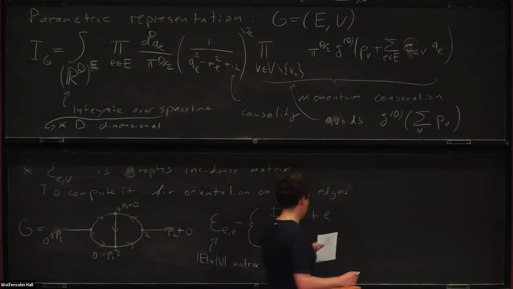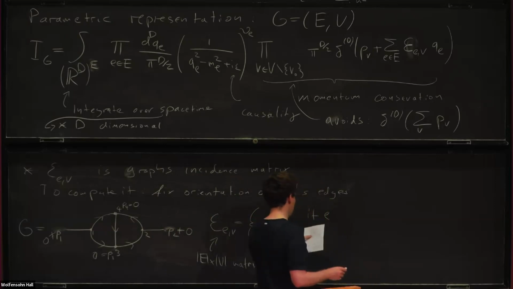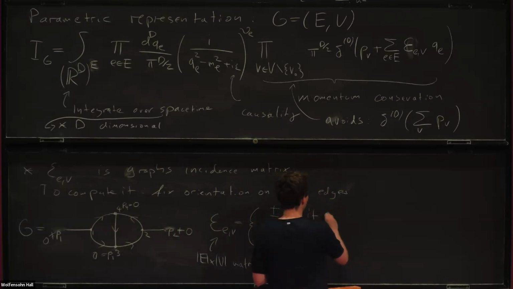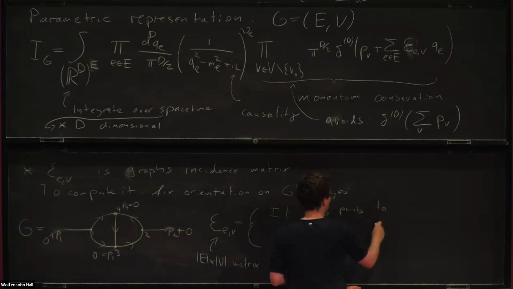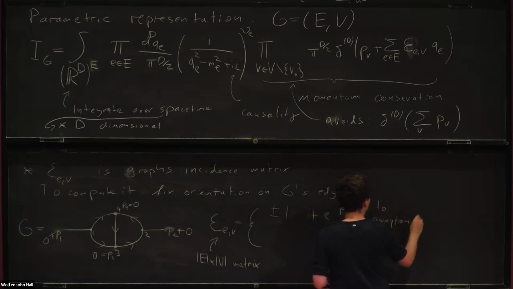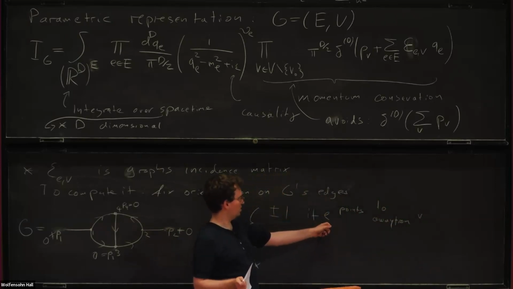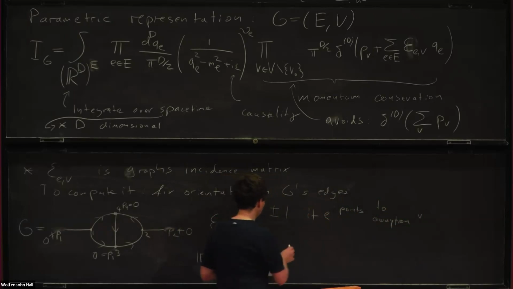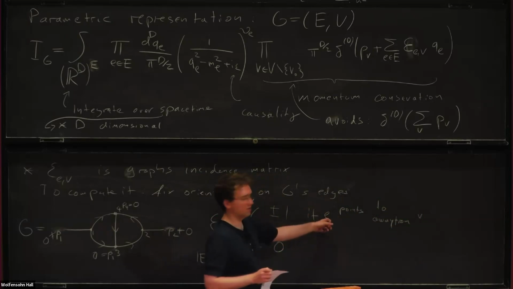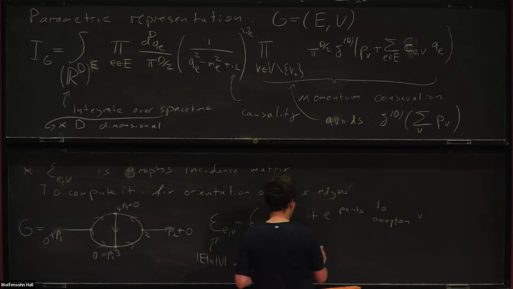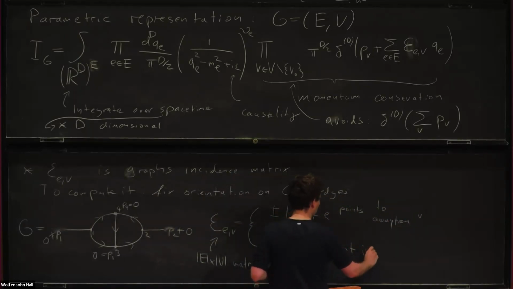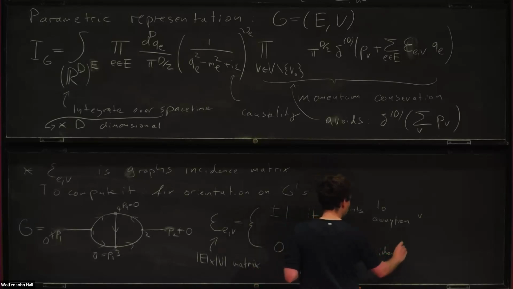And it is plus or minus 1 if this edge E points to or away from V. So depending on the orientation of the edge, we fix the sign. And if E is not connected to the vertex, then it's just 0. It is not incident to V.